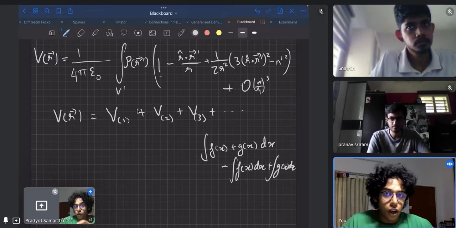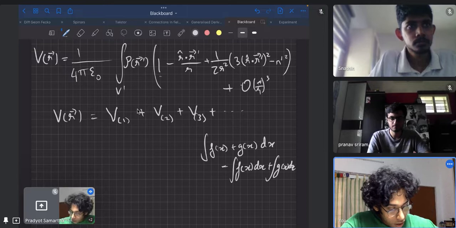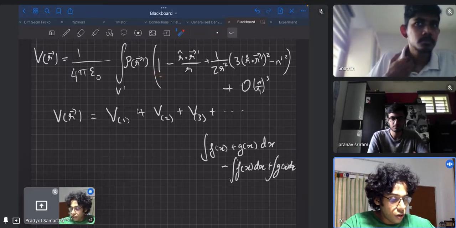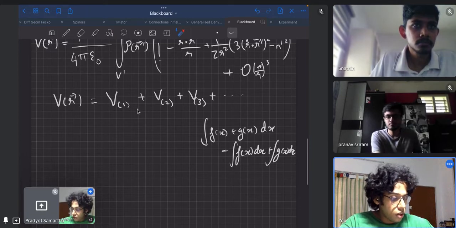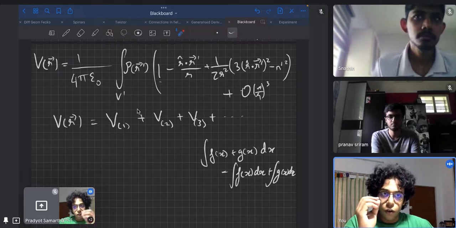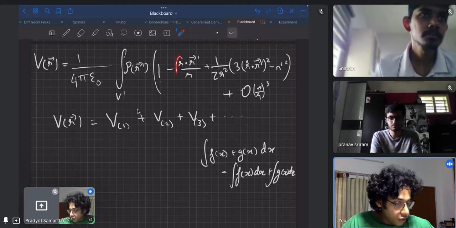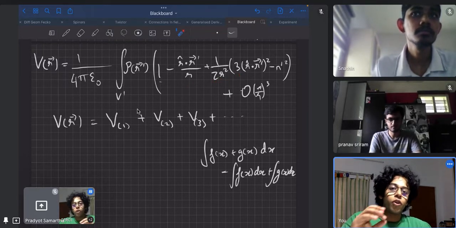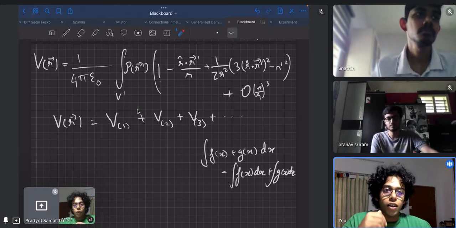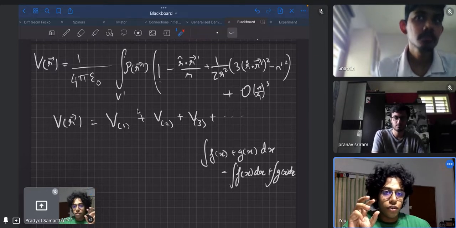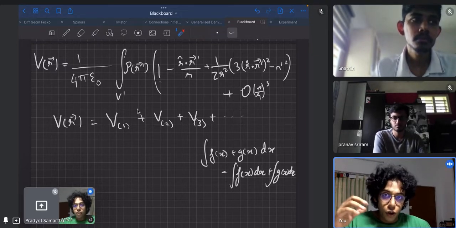As you go along, you have your charge at 1 point, which is a monopole, and then you have the expression for a dipole, and then an expression for a quadrupole, and so on. As you keep increasing the number of charges, you have a function.